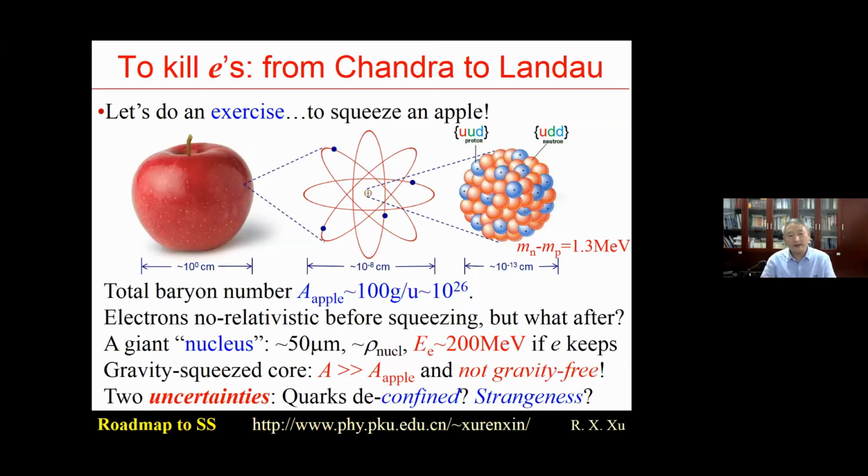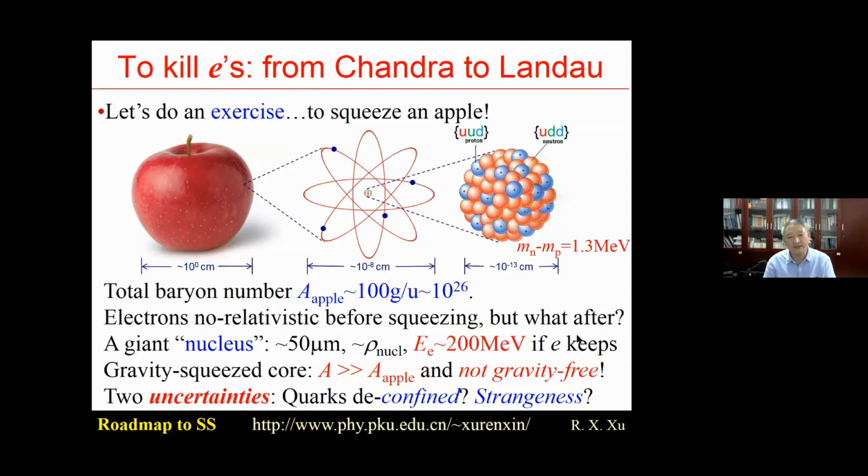Anyway, the total baryon number for a core-collapse supernova remnant compact object is not this value for the apple, but around 10 to the 57. I mean, the residual compact object of the core-collapse supernova remnant has a baryon number around 10 to the 57.